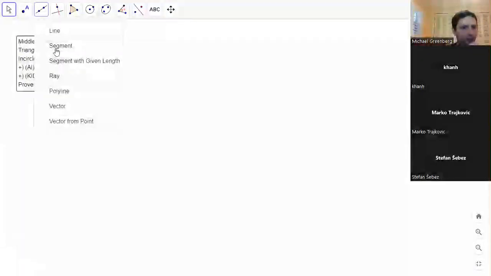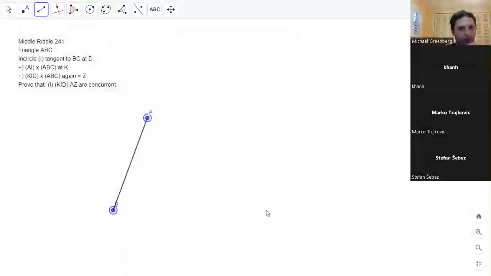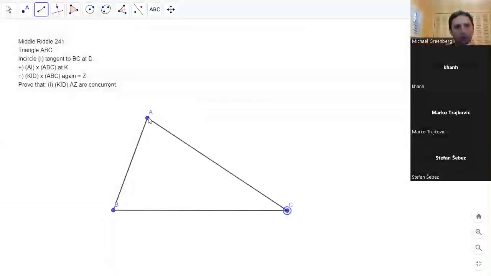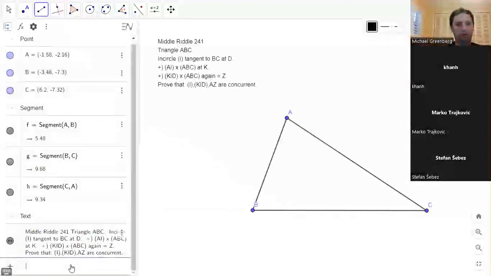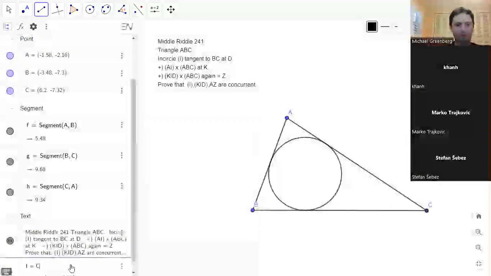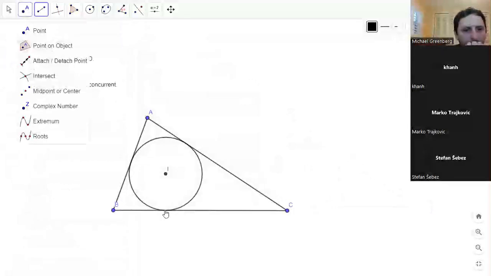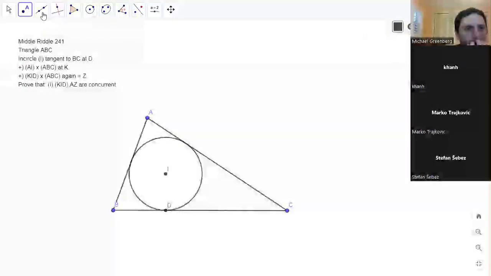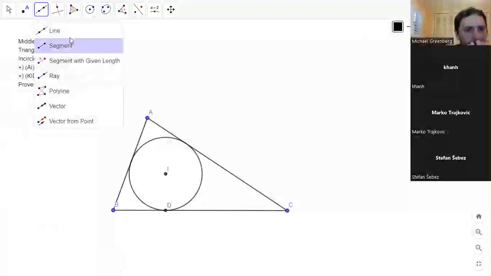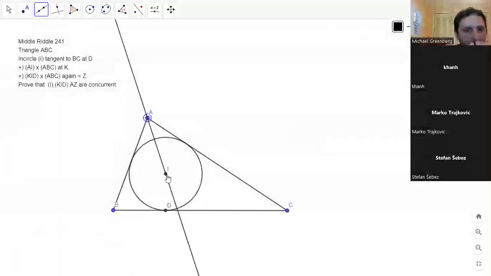So you have a triangle ABC, the incircle is tangent at D. AI intersects the circle at K. So that's the midpoint of arc BC.